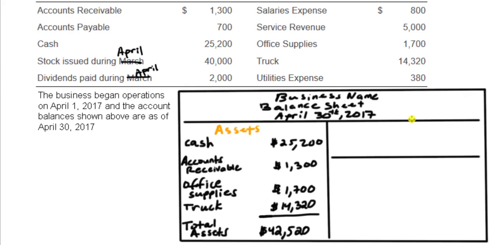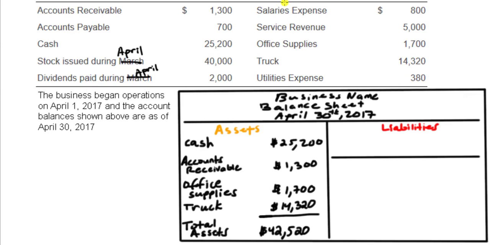Now let's report our liabilities. How much of these assets are claimed by liabilities? Liabilities. Okay. What are our liabilities? Accounts receivable, no. Accounts payable, there's a liability.